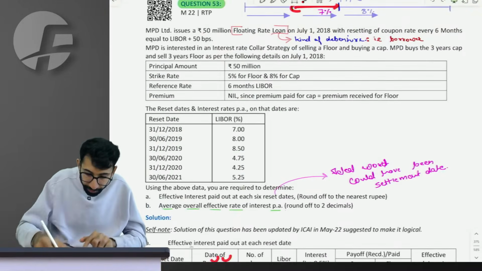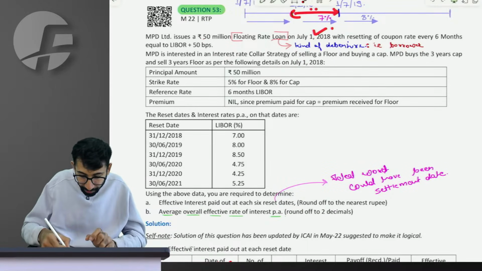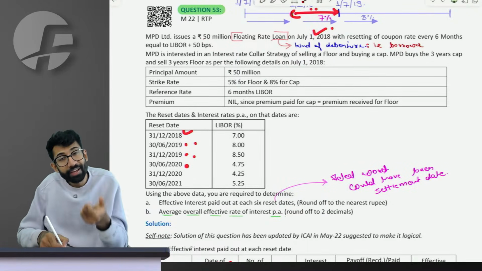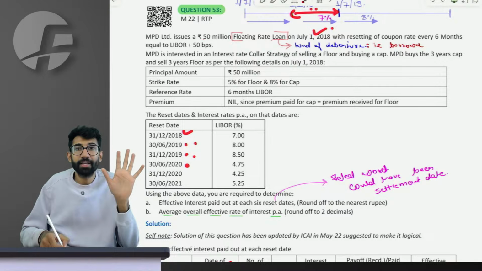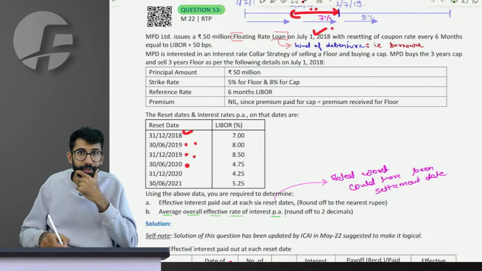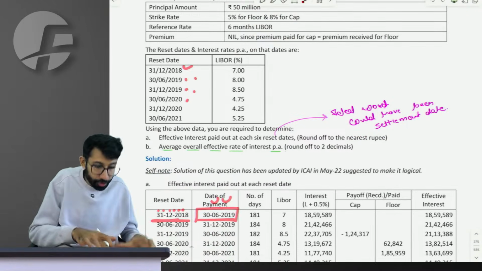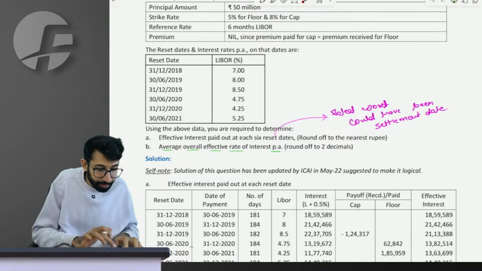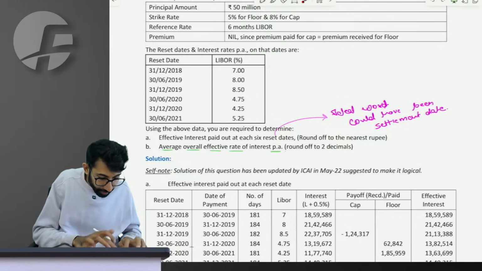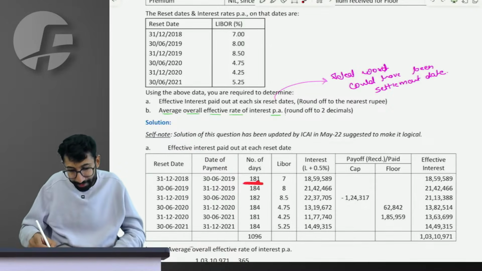Second point of learning: since dates have been given, I will have to do day-wise calculation, not month-wise calculation, something you will have to remember. So from 1st Jan 19: 31 days of Jan, 28 days of Feb, 31 days of March, 30 of April, 31 of May, 30 of June gives me 181 days.